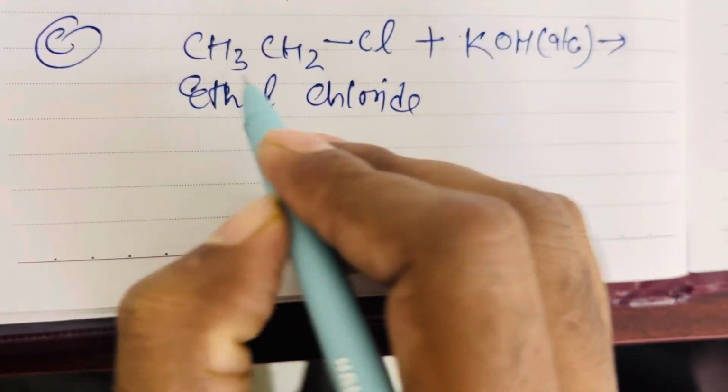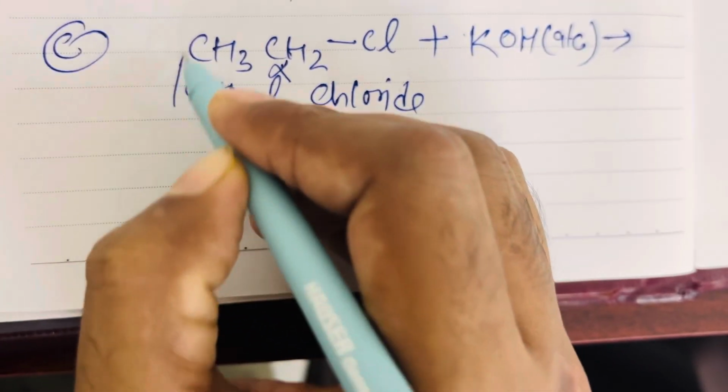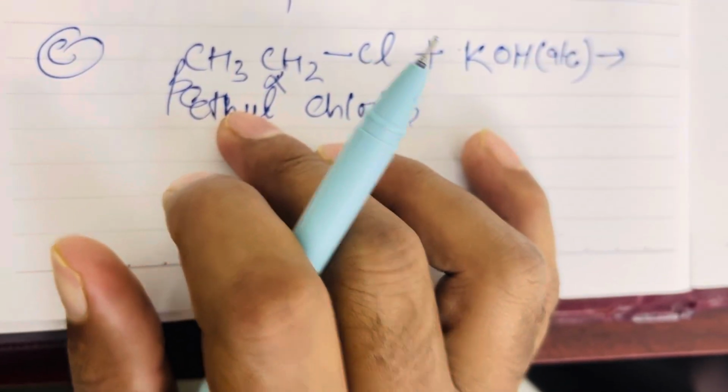Here this carbon is the alpha carbon, next carbon is the beta. So here beta elimination will take place.